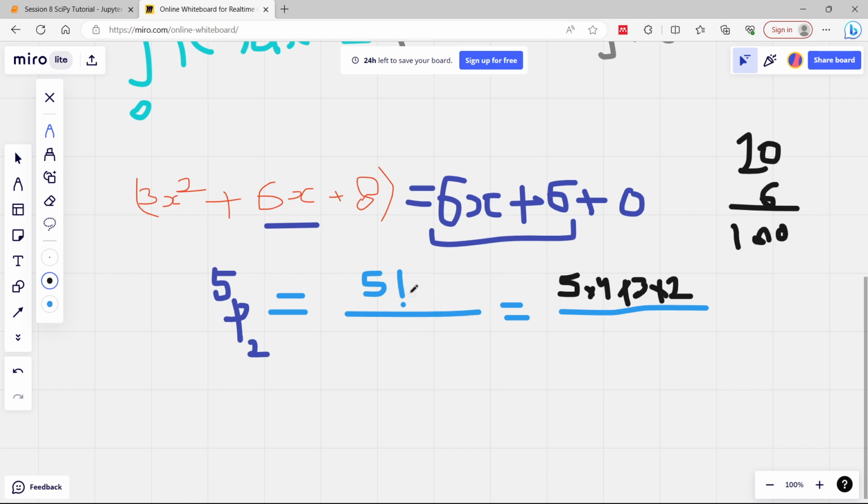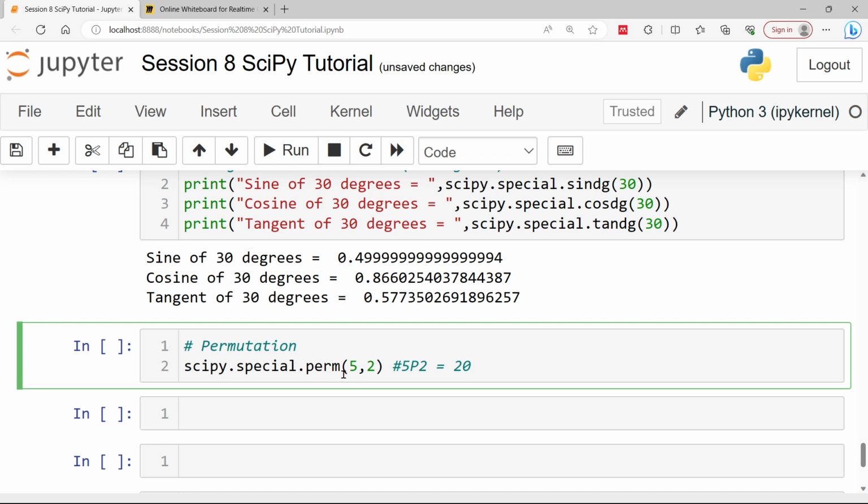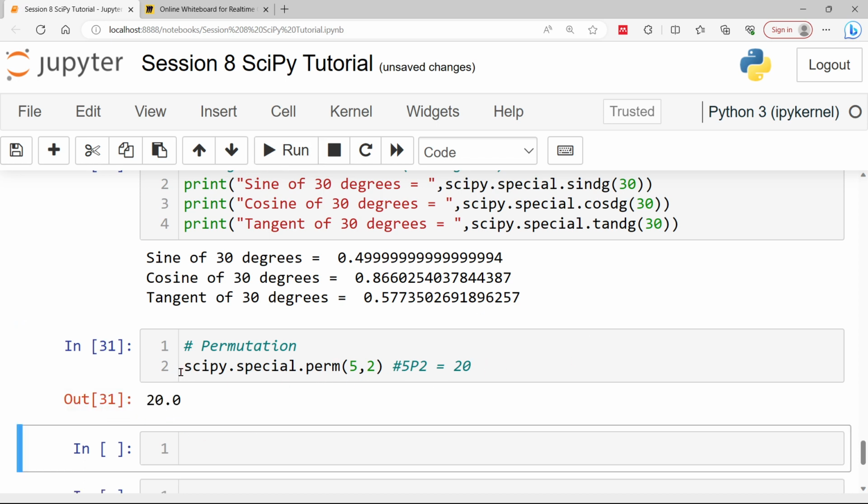But we will have a denominator also, which is 3 into 2. So 3 cancels out with 3, 2 cancels out with 2, and the final output will be 20. Let's cross check with this output. Do we have 5P2 as 20? Yes, we have 5P2 as 20, right?